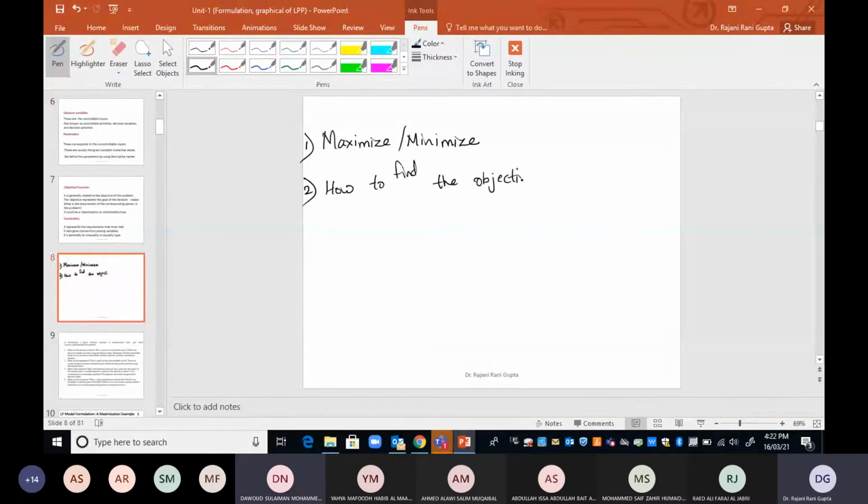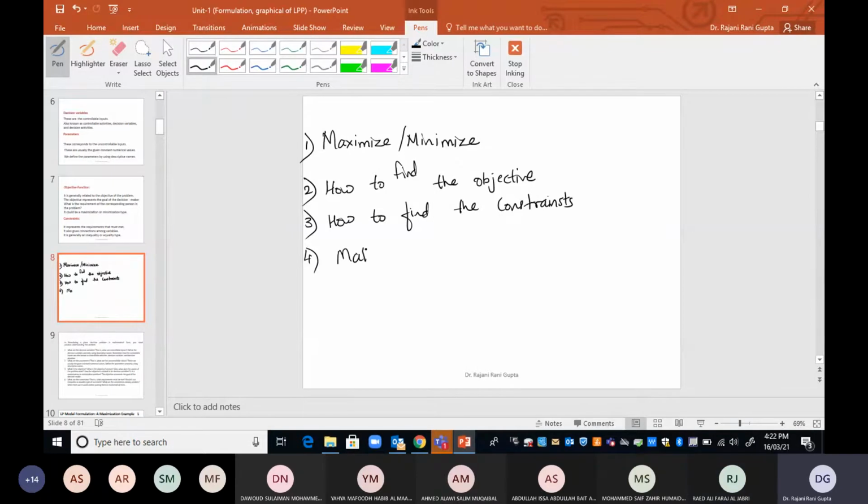Someone talked about drawing the mathematical model. Someone talked about mathematical modeling. Yes, how to take the words to numbers.